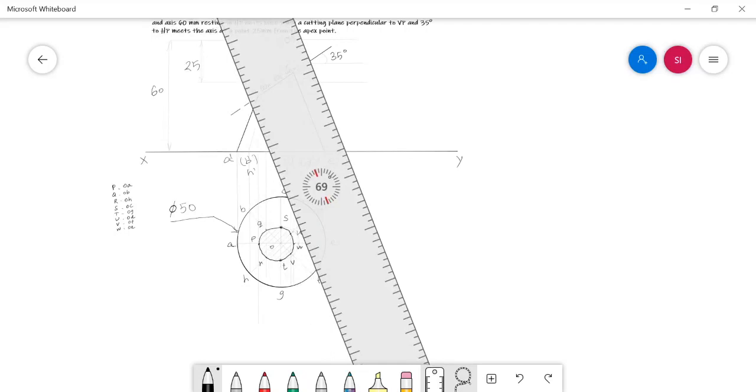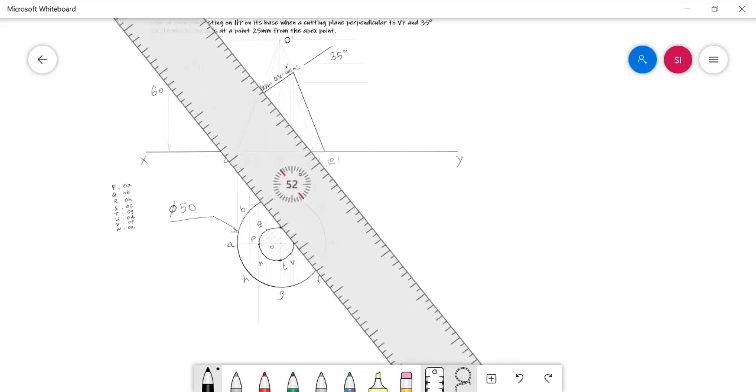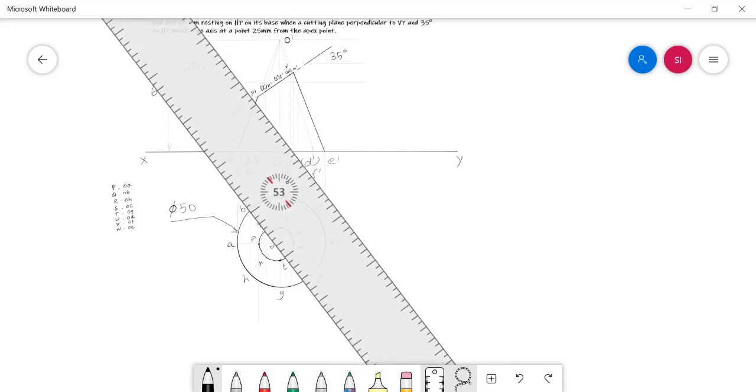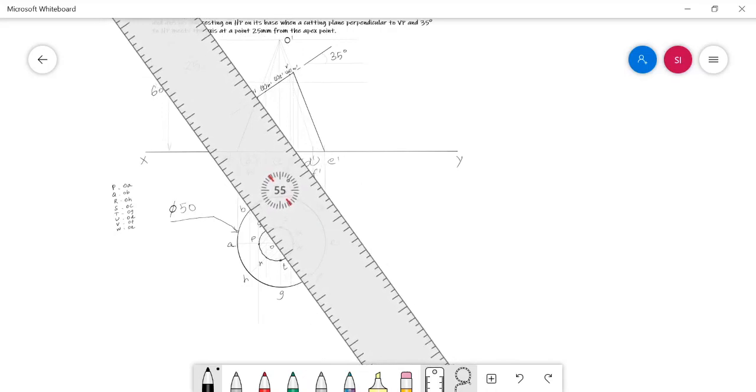So make your drafter perpendicular to the cutting plane first. Here I am doing it in an approximate manner only. With your proper tools you can do it in a perfect manner.